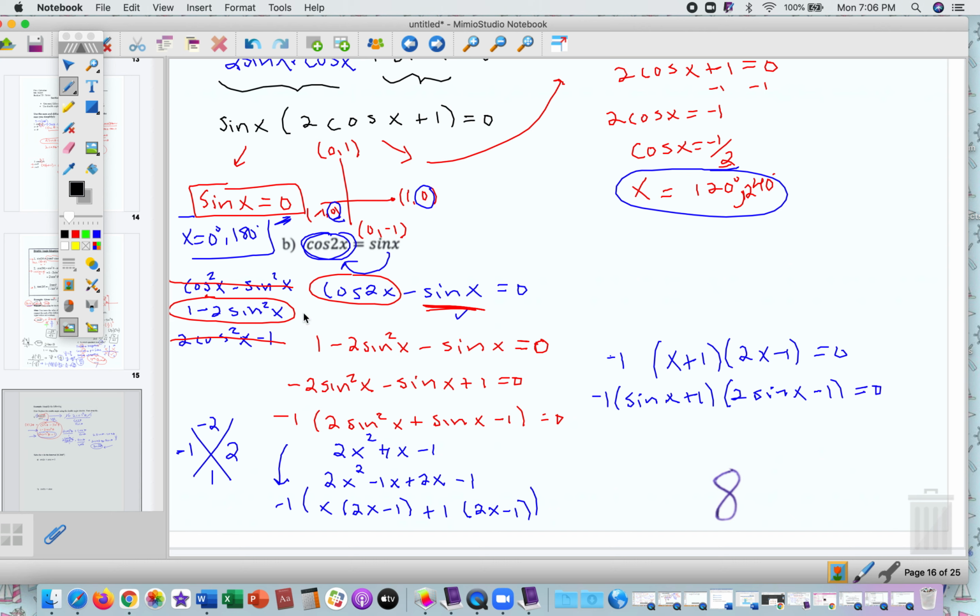You then set each factor equal to 0 and solve. Well, if we set negative 1 equal to 0, that doesn't give us anything. So if we set sine x plus 1 equal to 0, sine x equals negative 1. So when we spin around the unit circle, where is sine negative 1? Well, it's negative 1 at 270 degrees.